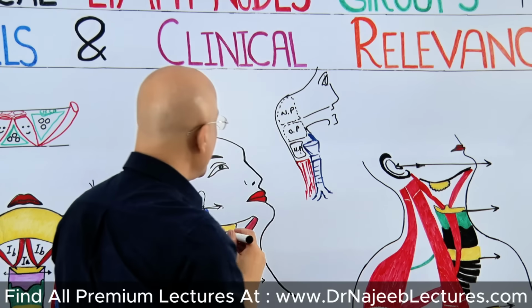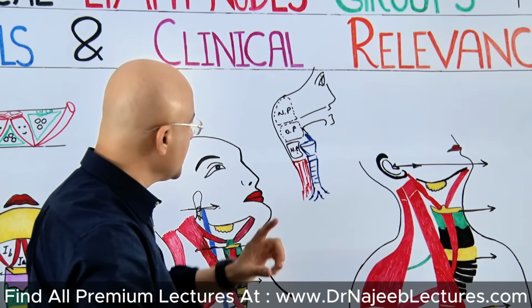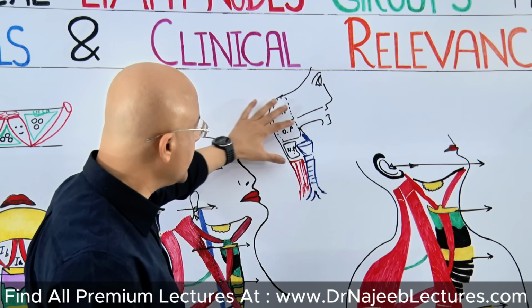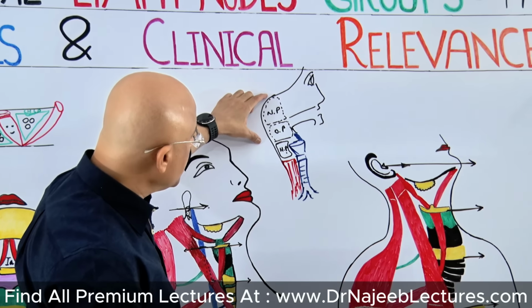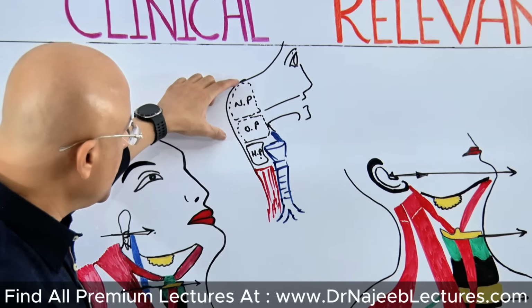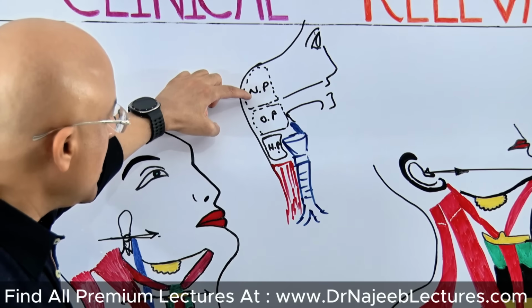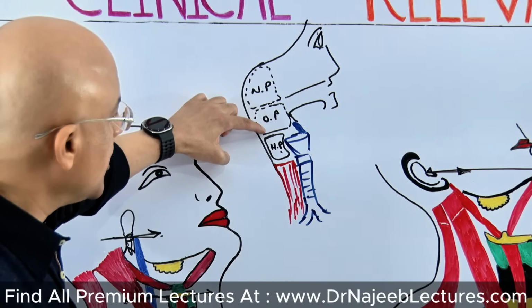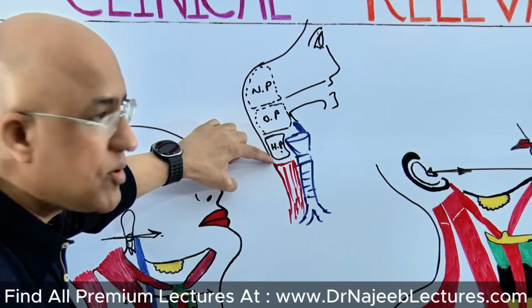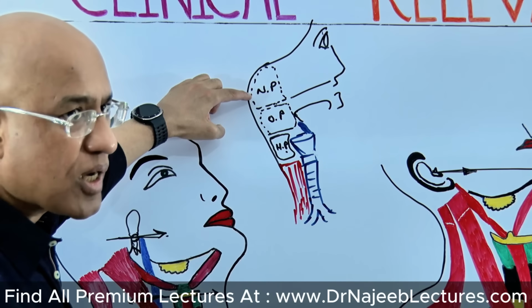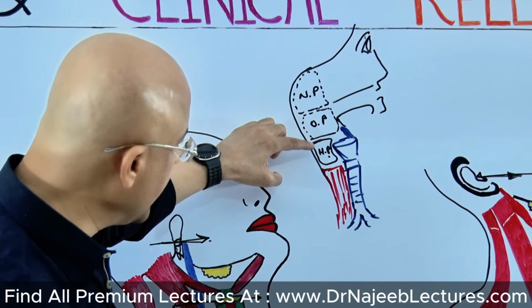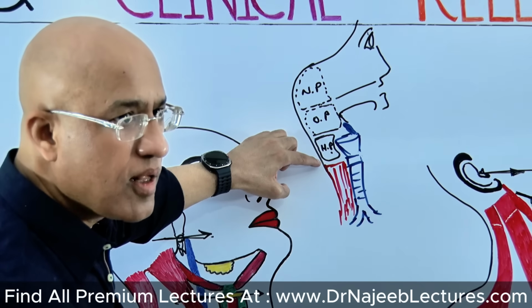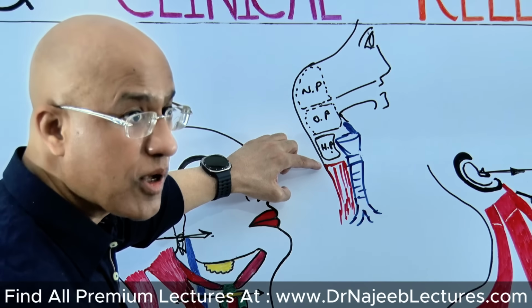Now what I really wanted to highlight, first of all, before I go into detail on the drainage of the lymphatics, is that our pharynx extends from the back of the nose to the back of the oral cavity to the back of the larynx. Uppermost back of the nose is called nasopharynx, back of the oral cavity is called oropharynx, back of the larynx is called hypopharynx or laryngopharynx.